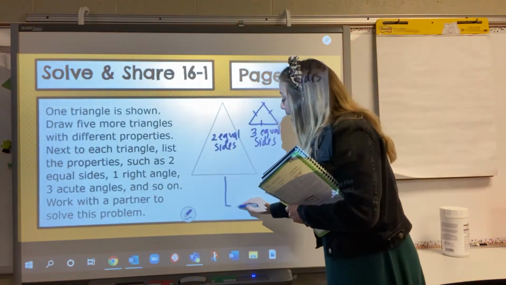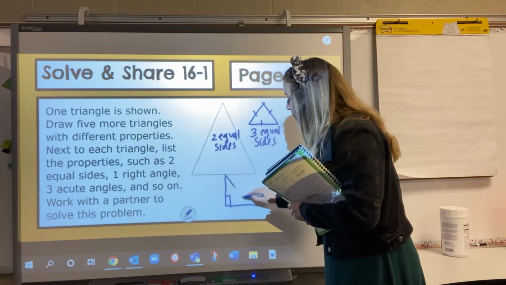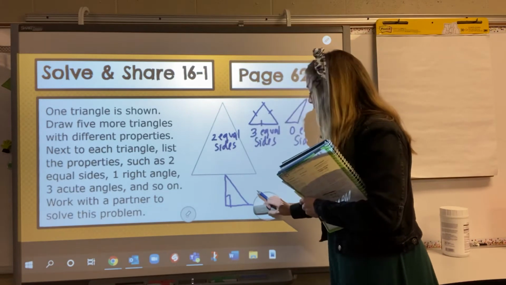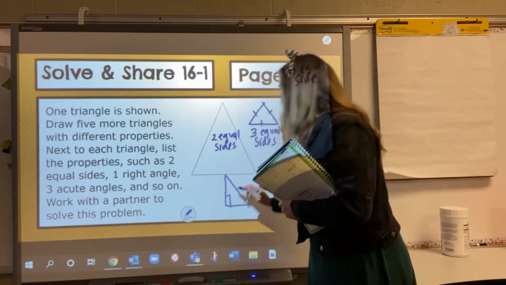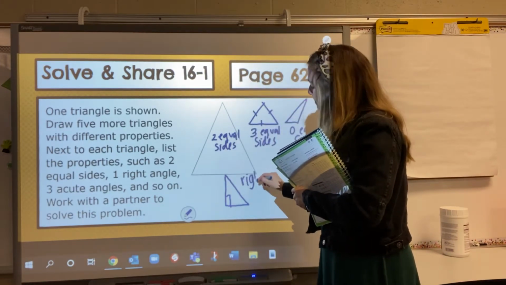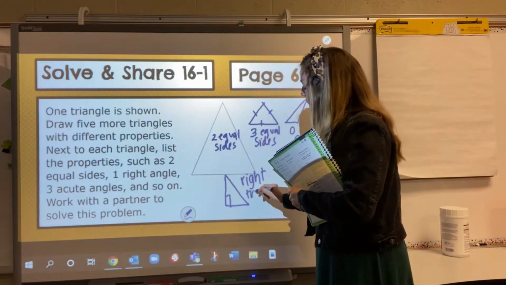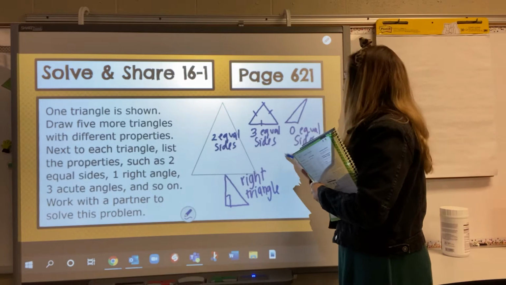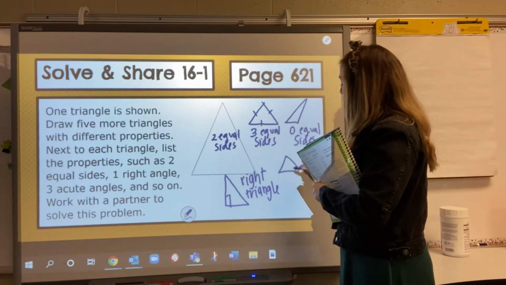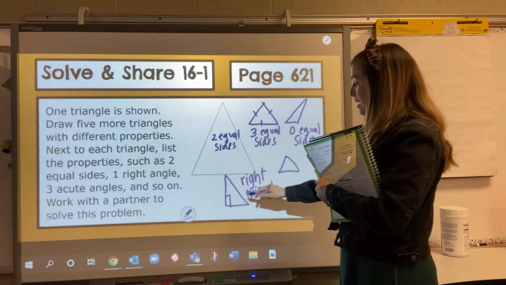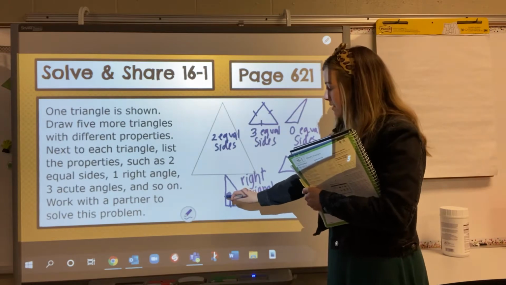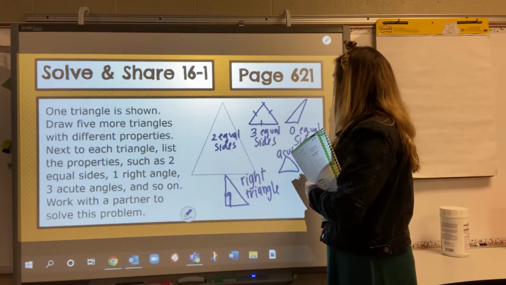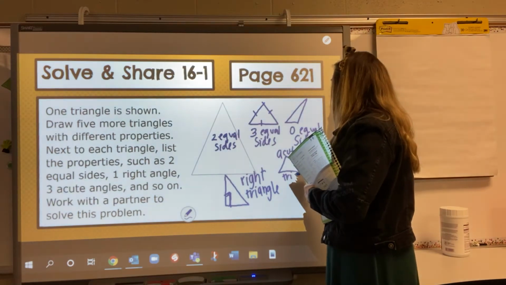So when we have an angle that is a right angle, that kind of triangle, hold on, sorry, beep, there we go. It's called a right triangle. When we have a triangle like our equilateral up here, where all of our angles on the inside are less than 90 degrees, so this is 90 degrees, all of these are less, we would call this an acute triangle.